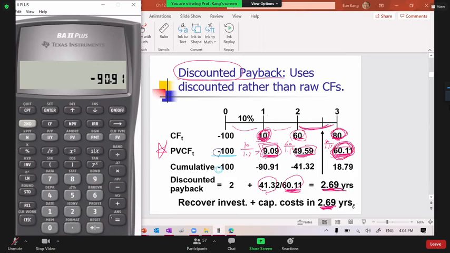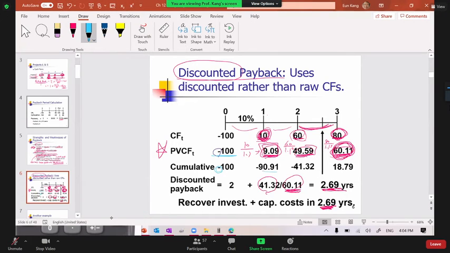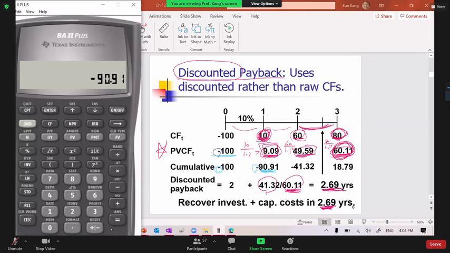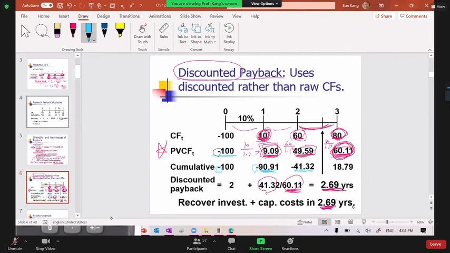Then negative 90.91, right? Still you have to recover, because it's negative. So the next year you recover 49.59. So you add plus 49.59. Then minus 41.32, still negative, right? So you have to recover.